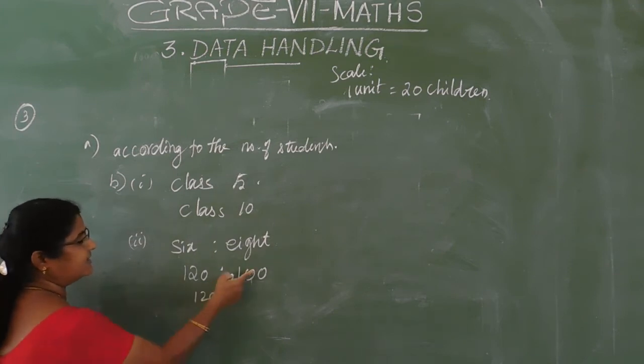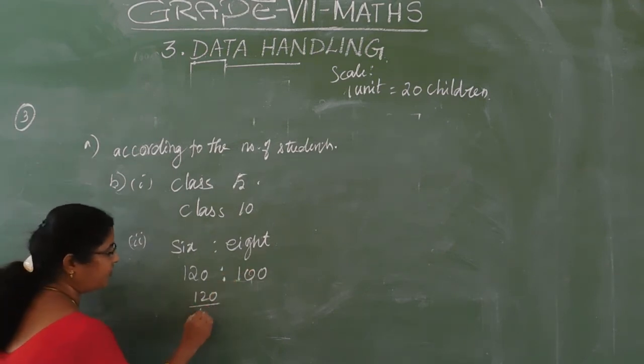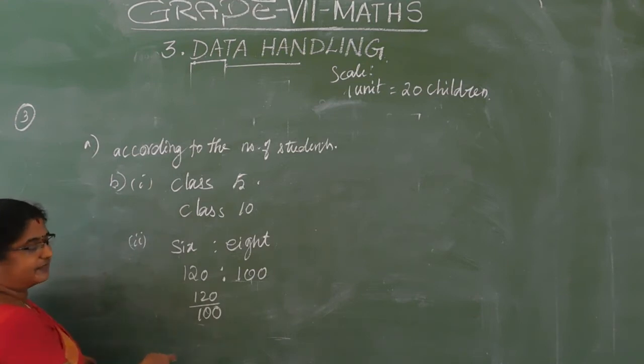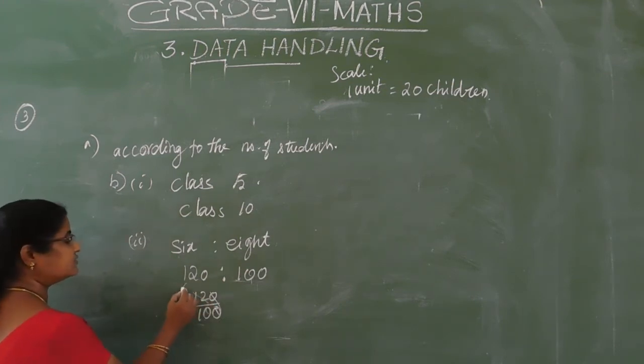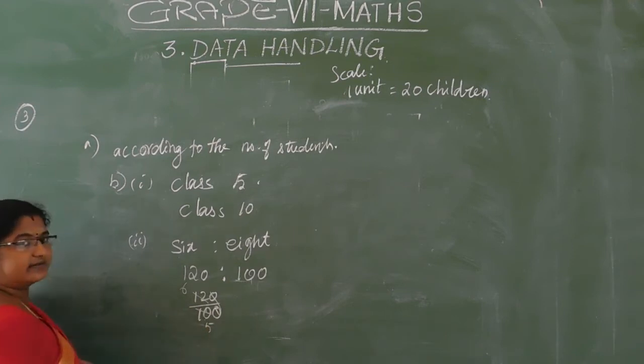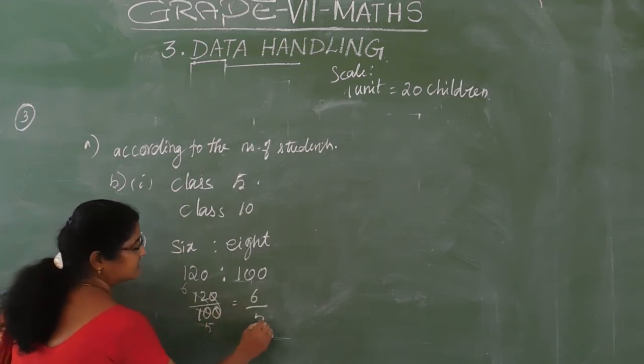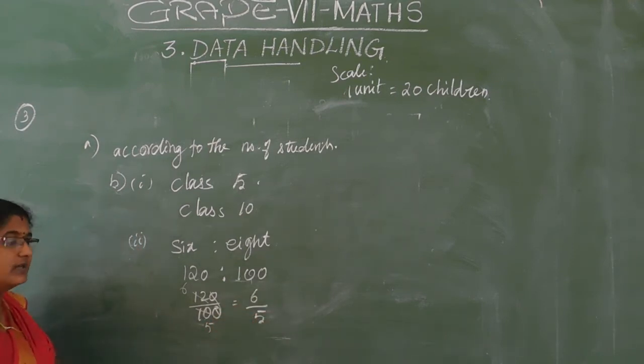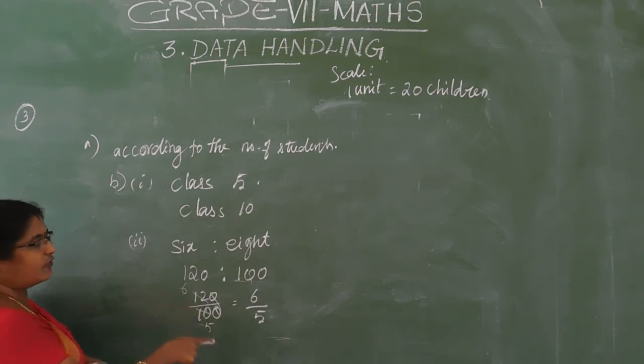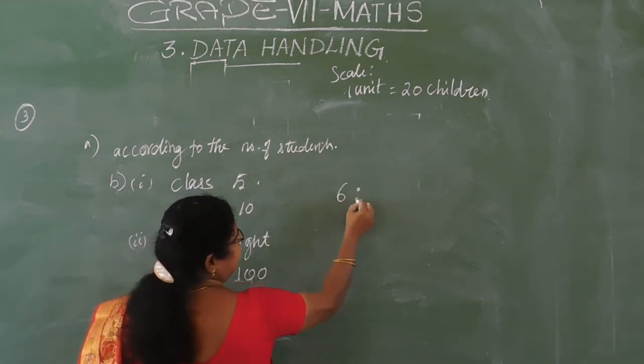So 120, we write the ratio in the fractional form, then simplify. 0 is cancelled. These two, 12 and 10 have a common divisor, 2. So when we divide, 6 2s are 12, 5 2s are 10, which is equal to 6 by 5. So again we write in the ratio form, that is 6 is to 5.